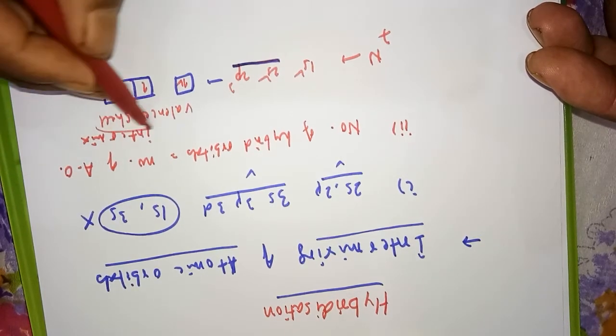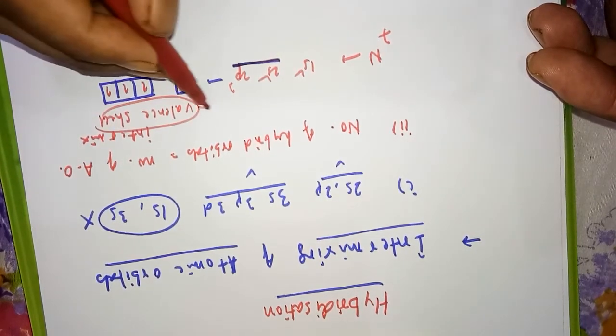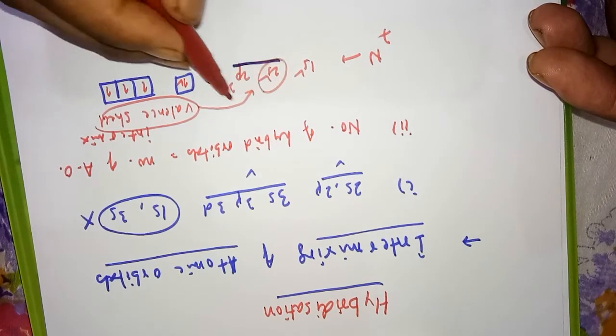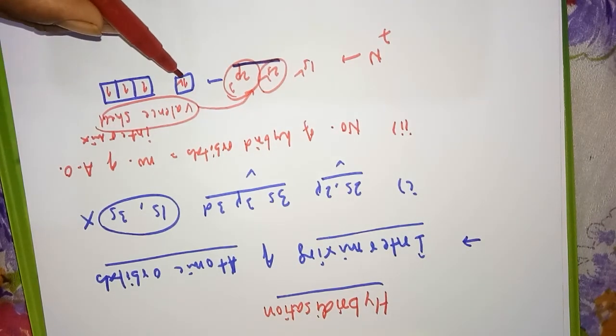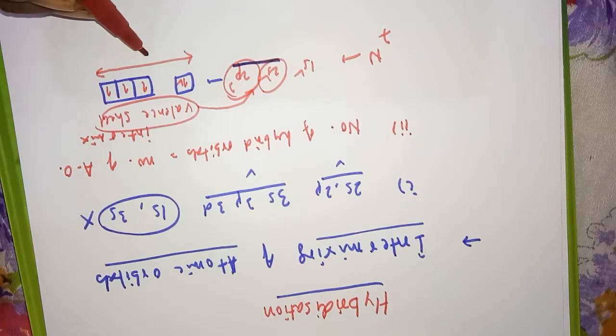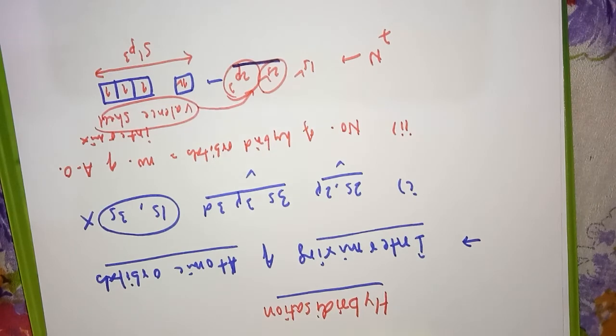The valence shell means the outermost shell, and the outermost shell undergoes hybridization. So there is one s orbital and 3 p orbitals involved, s1 p3. So the hybridization type is sp3.